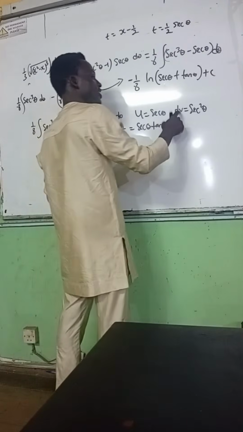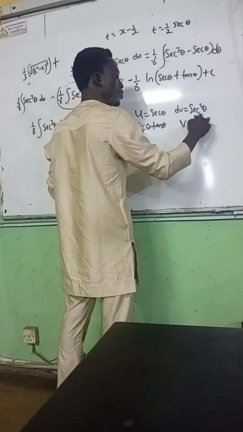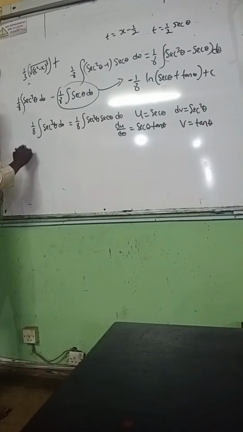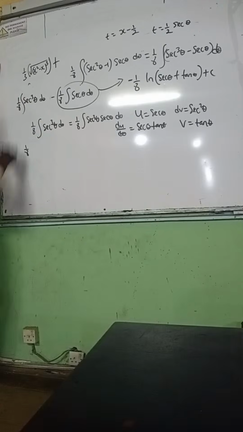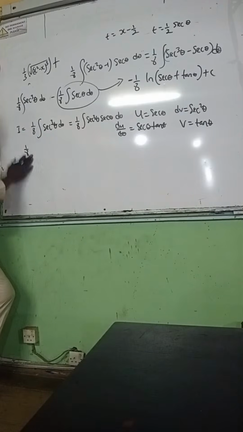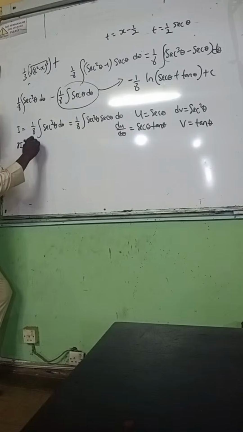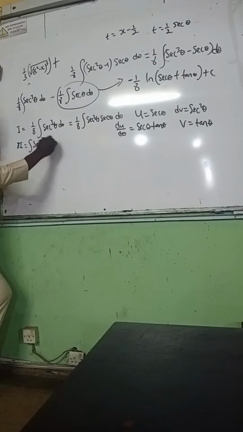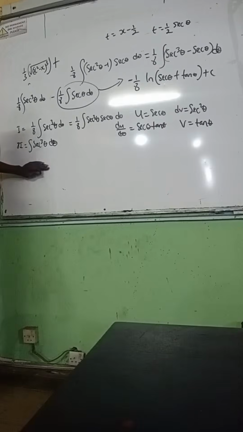If we integrate dv, we get v equals tan theta. So it's 1 over 8 multiplied by, and that's our I. So that means 8I equals integral of sec cube theta d theta. If our integration is 1 over 8, then 8 times our integration will give us this. So let's keep this aside.